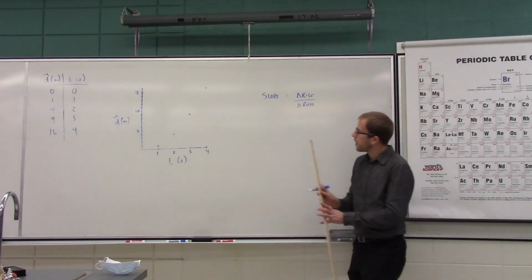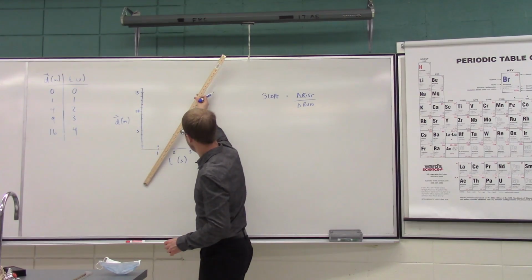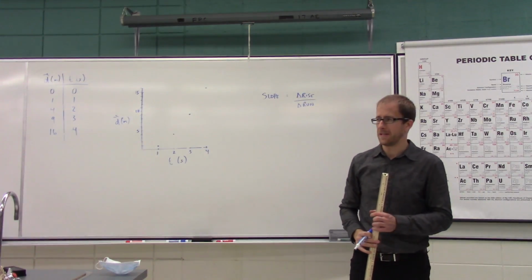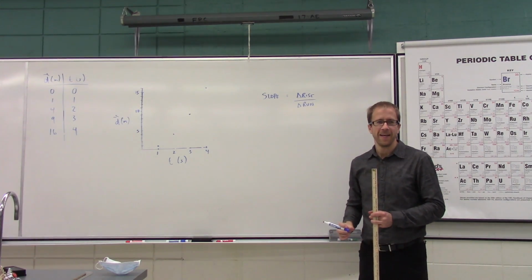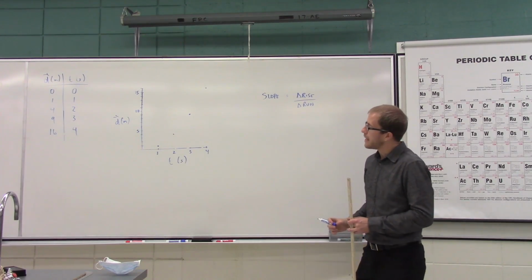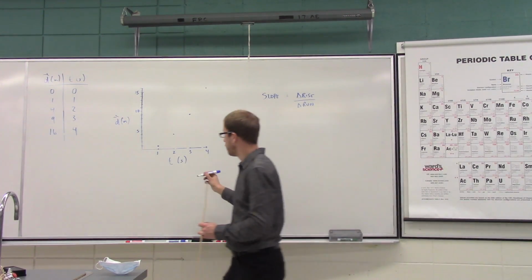Now, what would happen if I tried to draw a straight line through these points? Could I do it? Not really, no. It would not look pretty. It would not overlap with my points at all. So we're going to draw a curved line of best fit.